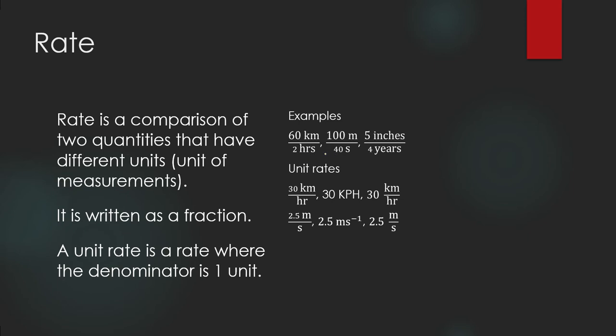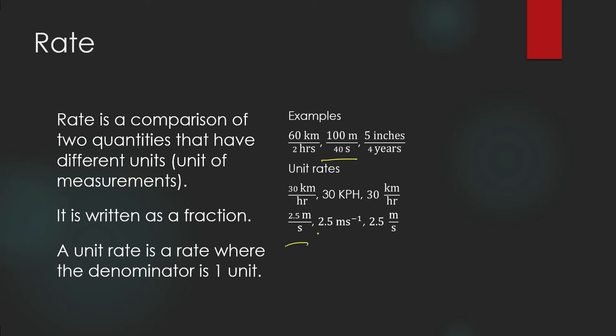How about this? How do you write this as a unit rate? This is your speed in running a 100-meter dash. As a unit rate, you divide 100 by 40, and it is equal to 2.5. This one is equivalent to 2.5 meters over 1 second.